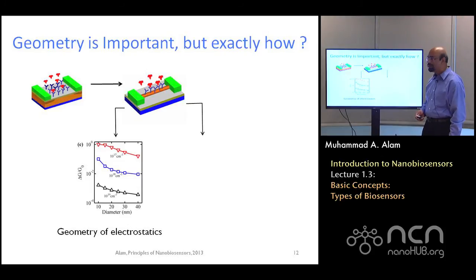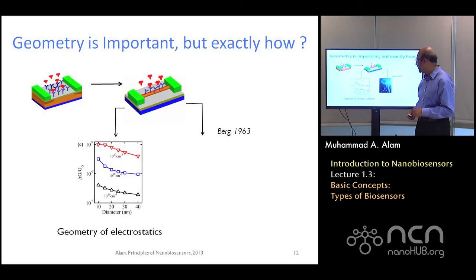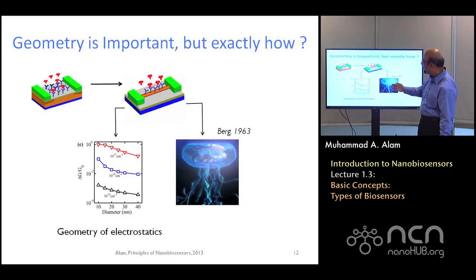But the most important factor is not this aspect of the geometry, but actually a second aspect of the geometry, which has to do with how a jellyfish catches the food from its surrounding. It is the characteristics of the surface itself, not the surface to volume ratio, which, as I will explain in a later lecture, allows it to be far more sensitive than anything else that is around.